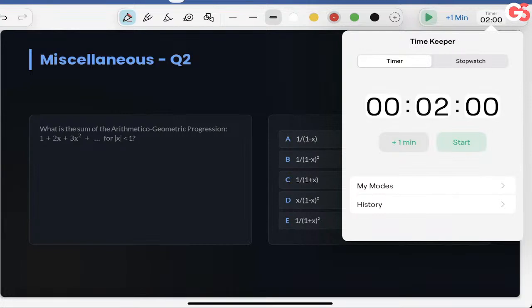Yes, yes, yes, certainly. That is the reason they said mod x is less than 1.